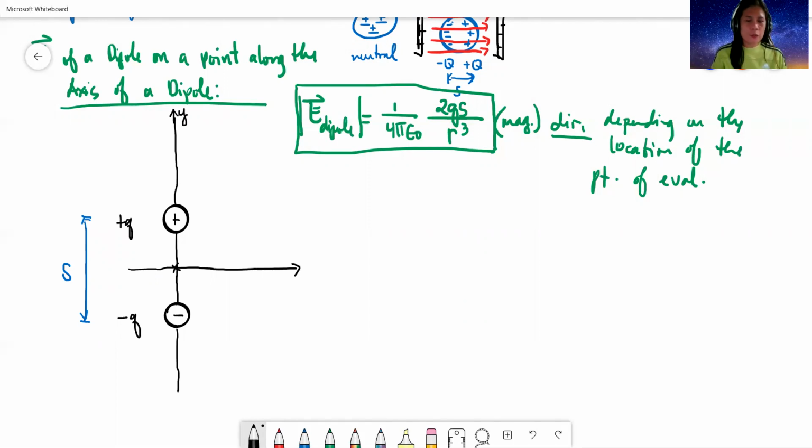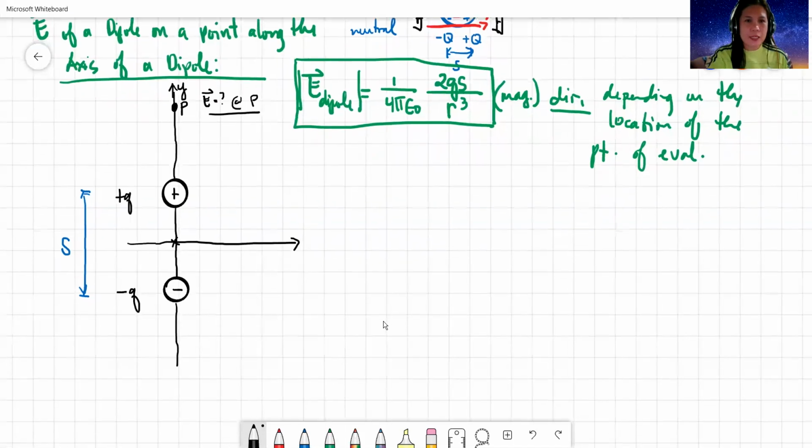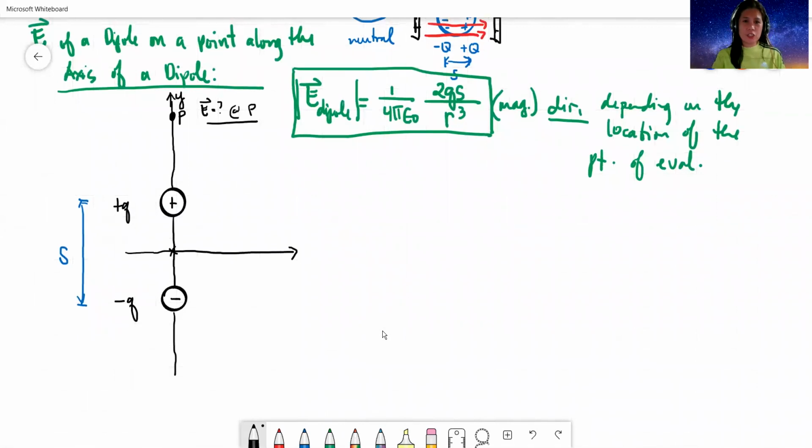So let's say we want to determine the electric field of this dipole at this point, at point P. So what is the electric field of the dipole at P? Ayan. Okay. First, we will apply the principles that we learned about electric field of a point charge, because these are two opposite point charges.